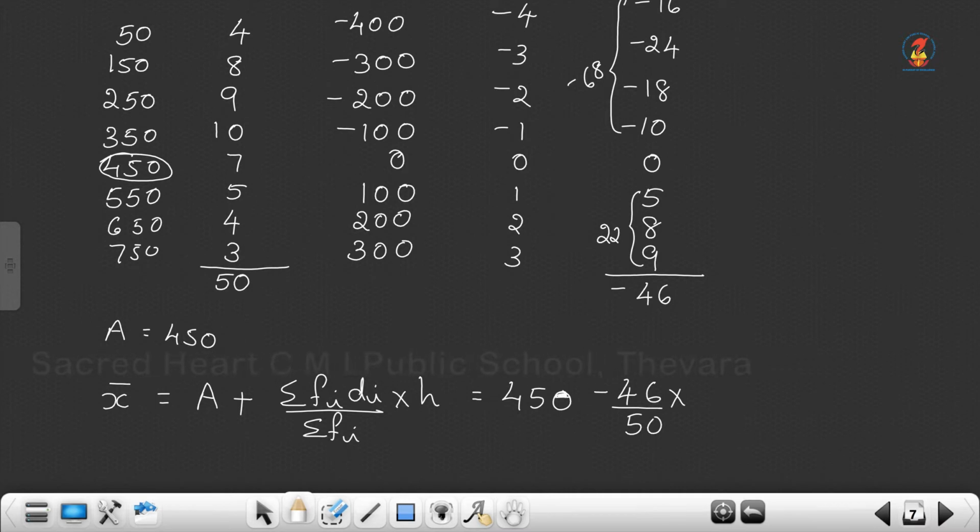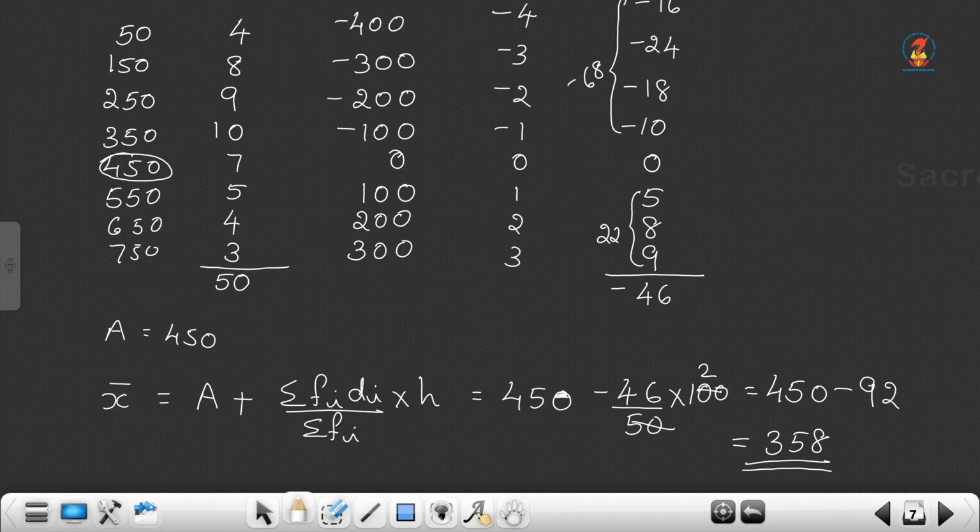By which number do we divide? By 100. So h is 100. This cancels. So 450 minus 92. Okay. So that is 358. That is x bar. x bar is 358.